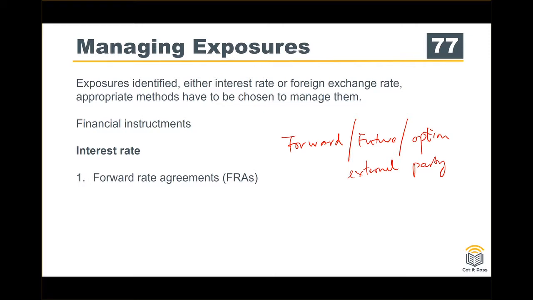All right. So first of all, we talk about interest rate. We talk about the forward rate agreements, which is the FRAs. It is the agreement negotiated and concluded between a bank and an organization on future interest rate for the borrowing or lending.